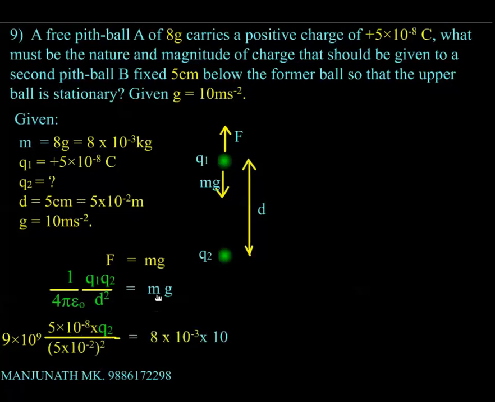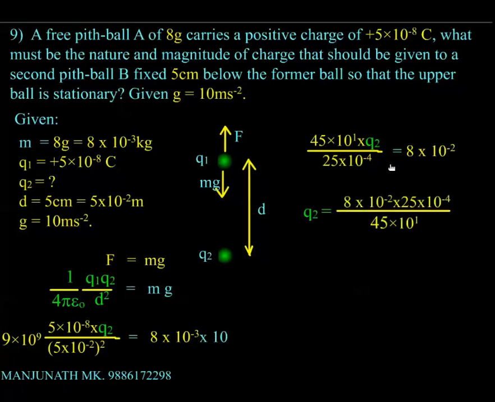This is equal to mass 8 into 10 to the power of minus 3 into g, given 10. So now 9 fives are 45, and 10 to the power of 9 plus minus 8 is 10 to the power of 1. So 45 into 10 to the power of 1 into Q2. So 5 square is 25, 10 to the power of minus 2 square is minus 4. This is equal to 8 into 10 to the power of minus 2, because minus 3 plus 1 is minus 2.